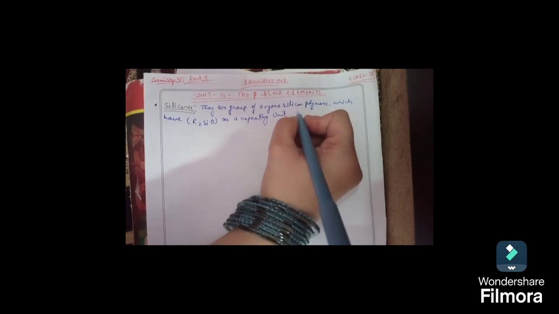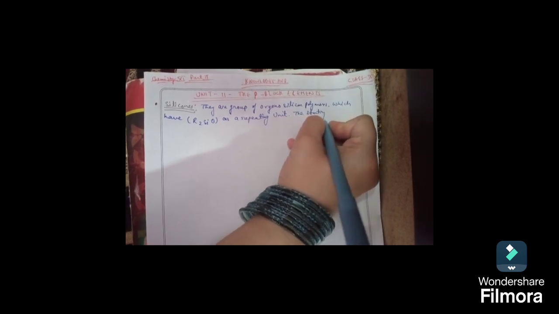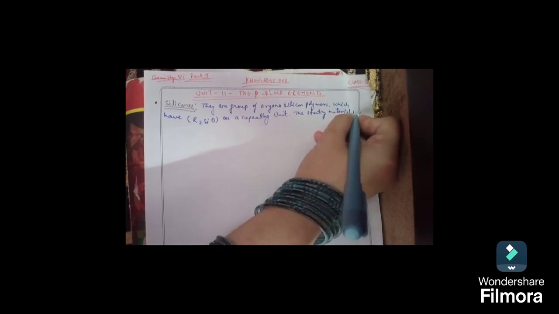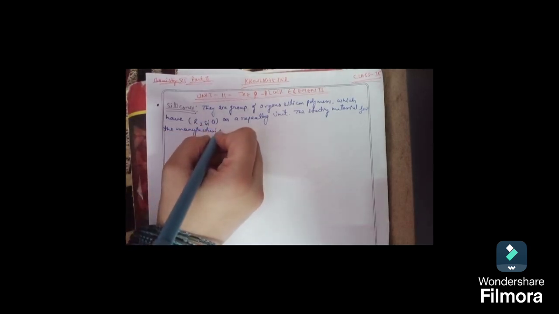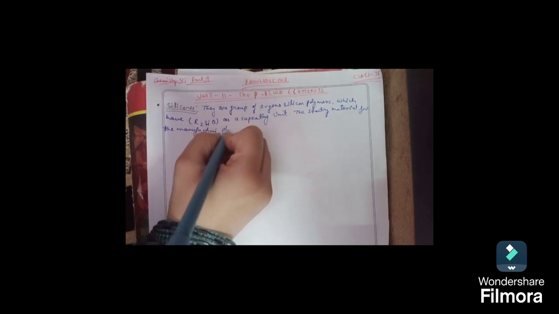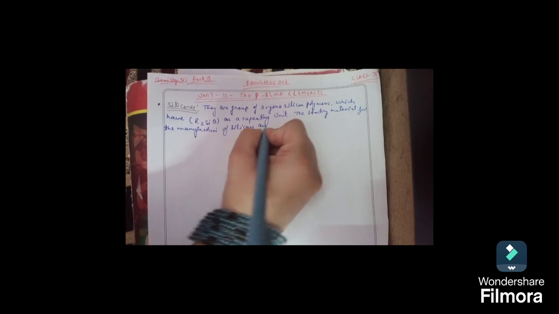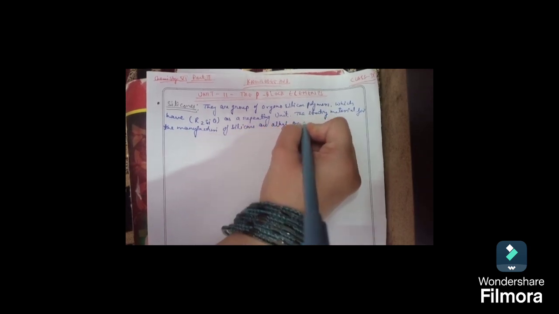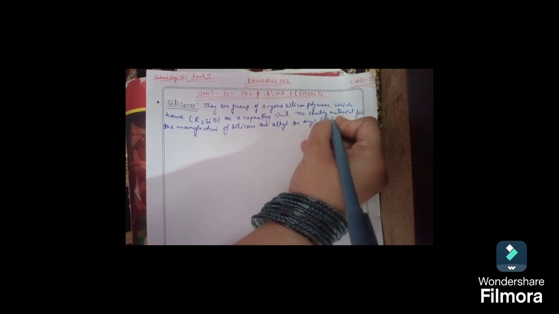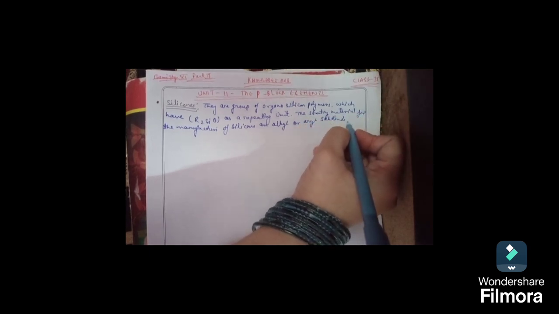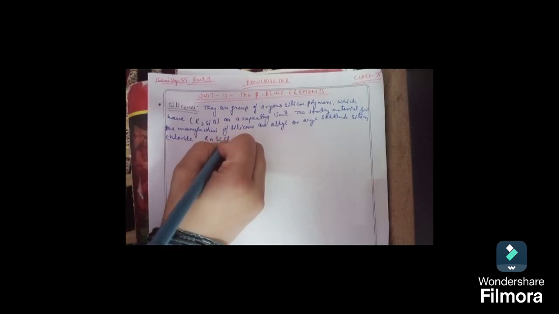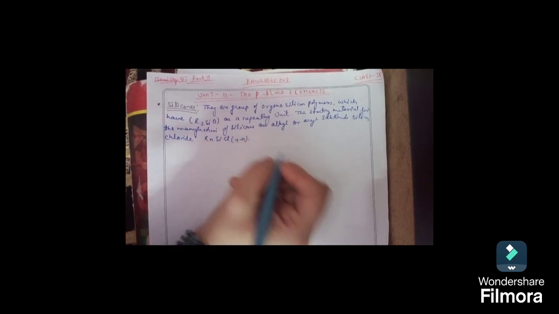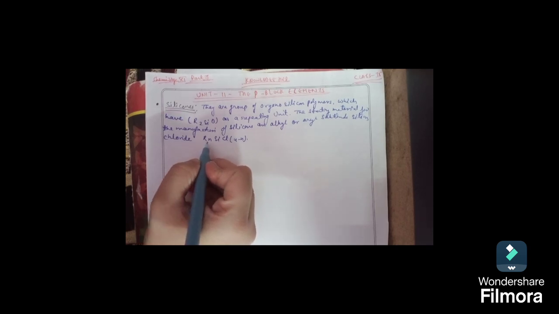The starting materials for the manufacture of silicones are alkyl or aryl substituted silicon chlorides, which are RnSiCl4-n, where R is an alkyl or aryl group.